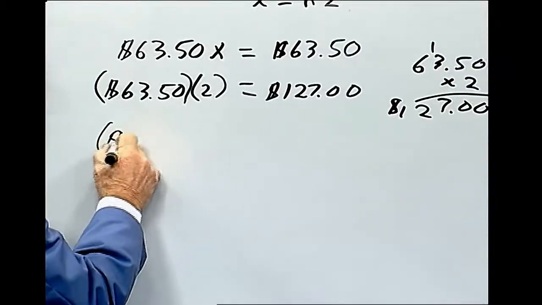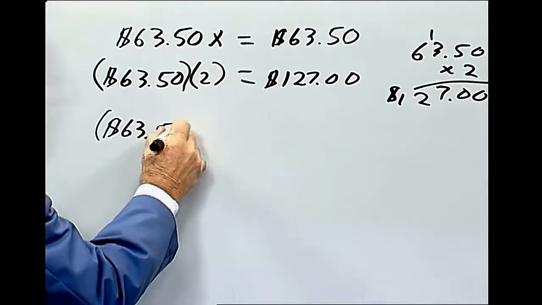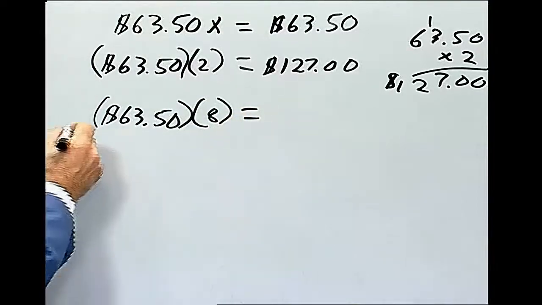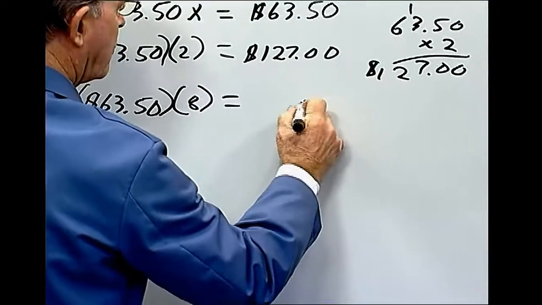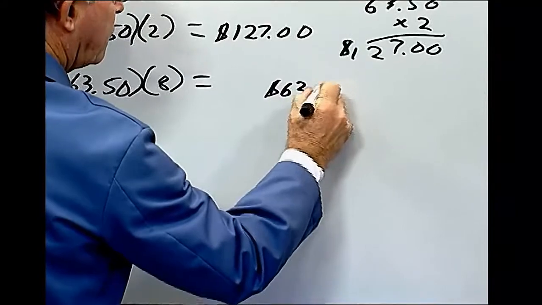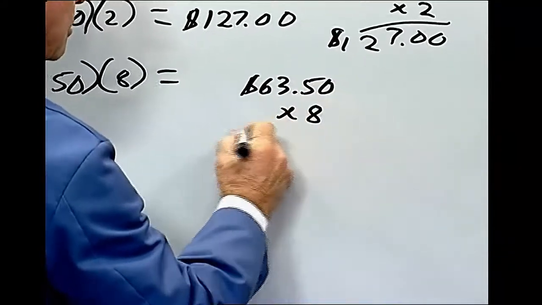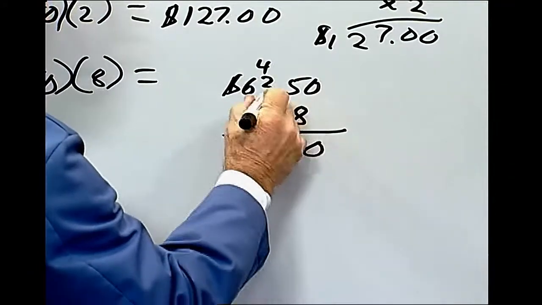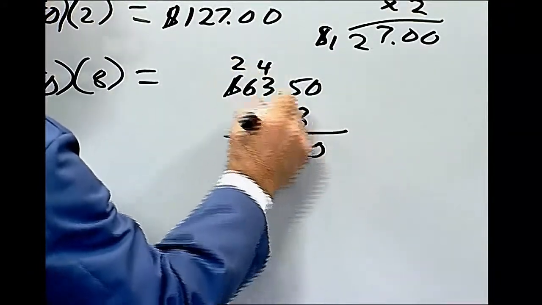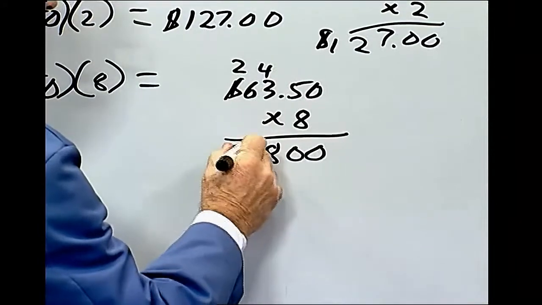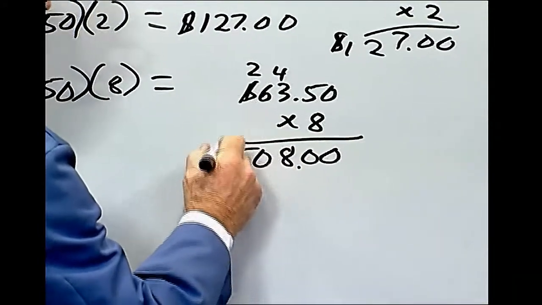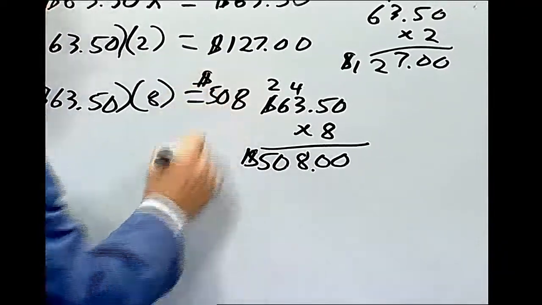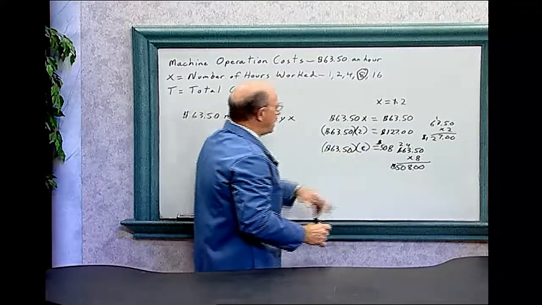That's $63.50 multiplied by 8 equals, let's do that over here, 63.50 times 8, and that'd be $508, or $508 for working 8 hours.